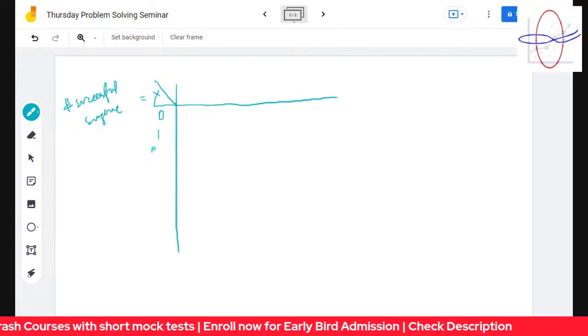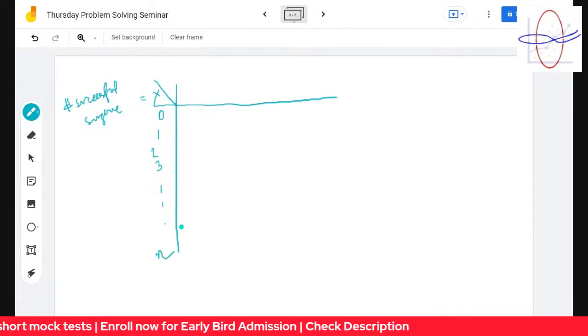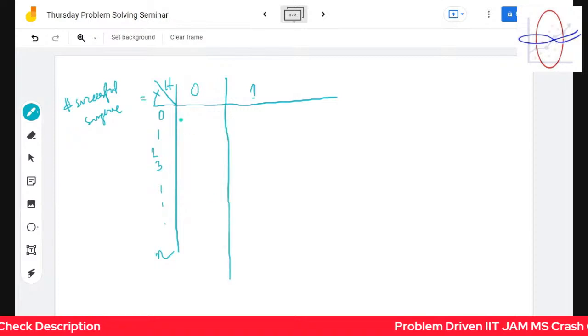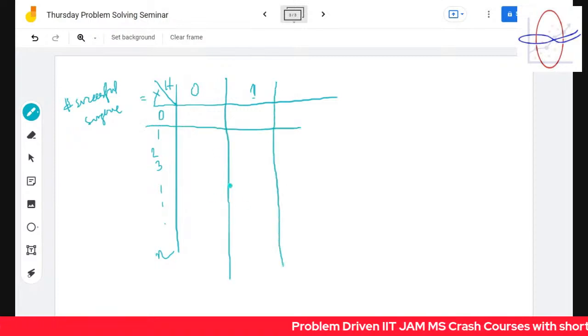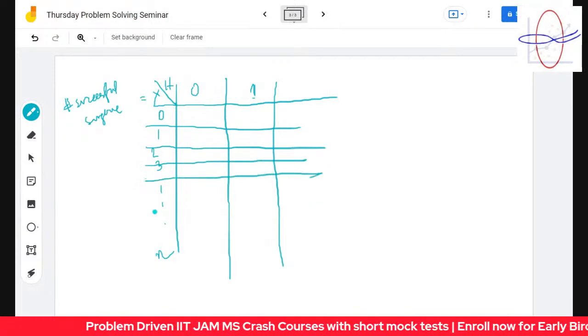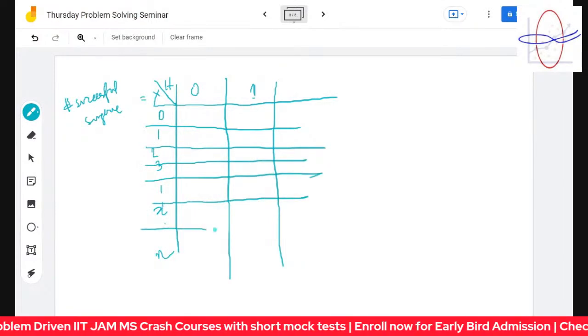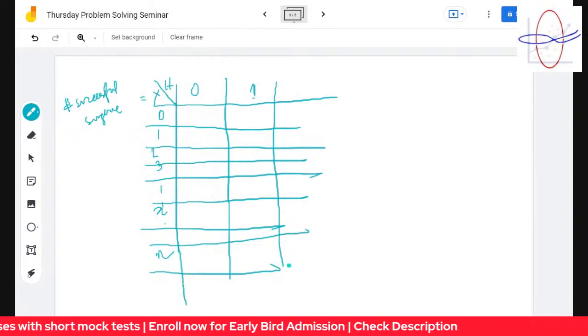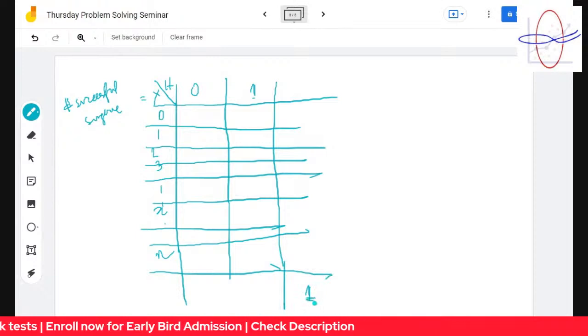So X can take values in 0, 1, 2, 3, up to n, and H can only take values in 0 and 1. So we are trying to find out each individual one of them. That's the PMF. For X, we are generally finding it out till n. That's the basic idea.